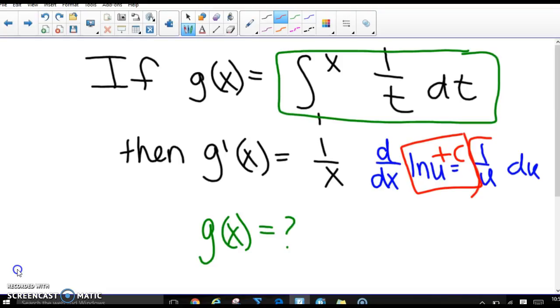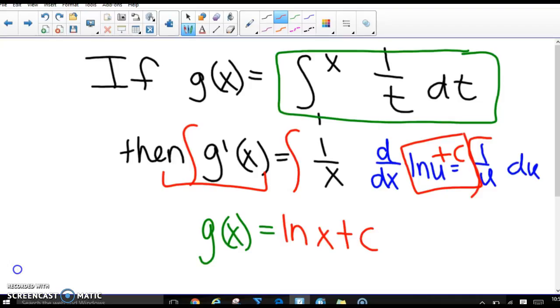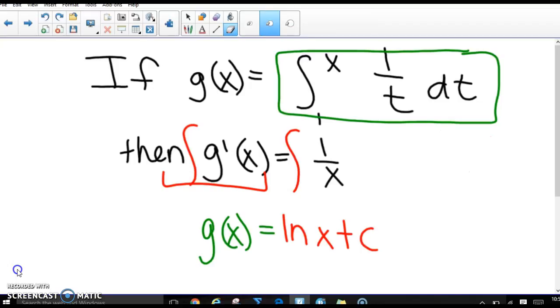So what we're actually saying is that if I integrate the left side and integrate the right side, the left is going to give me g of x, and the right side evidently is going to give me not natural log of u, but natural log of x plus c. However, there's one issue with this almost correct answer.